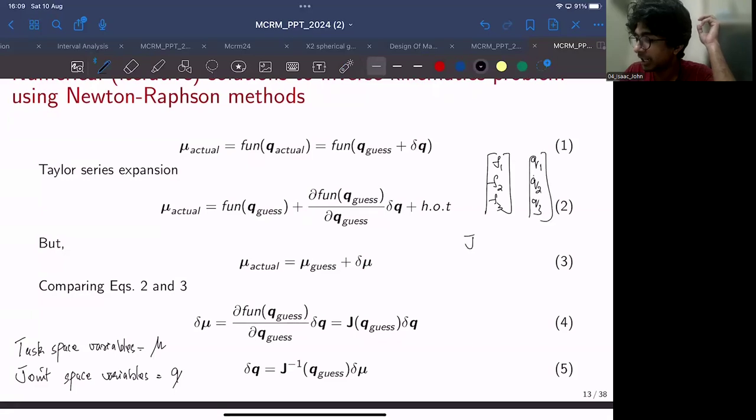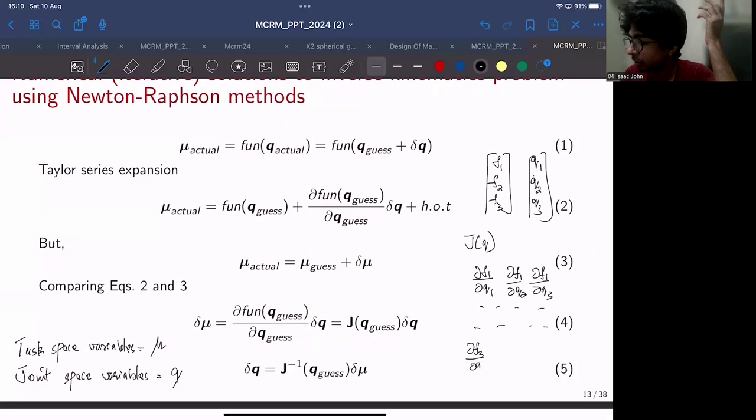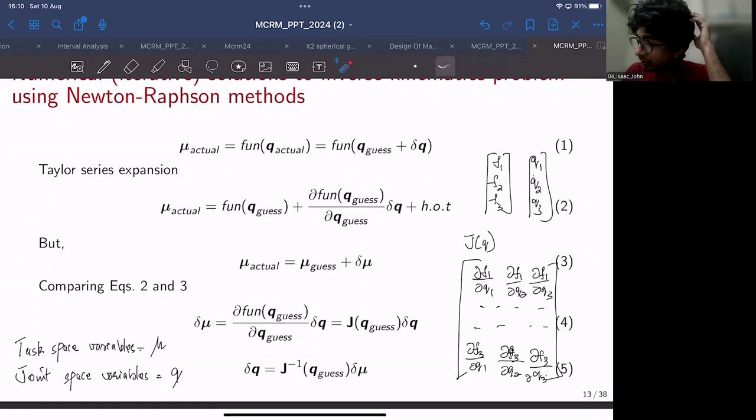So you make a Jacobian matrix out of this: dou f1 by dou q1, dou f1 by dou q2, dou f1 by dou q3, and so forth, down to dou f3 by dou q1, dou f3 by dou q2, dou f3 by dou q3. This is how you construct the Jacobian matrix.